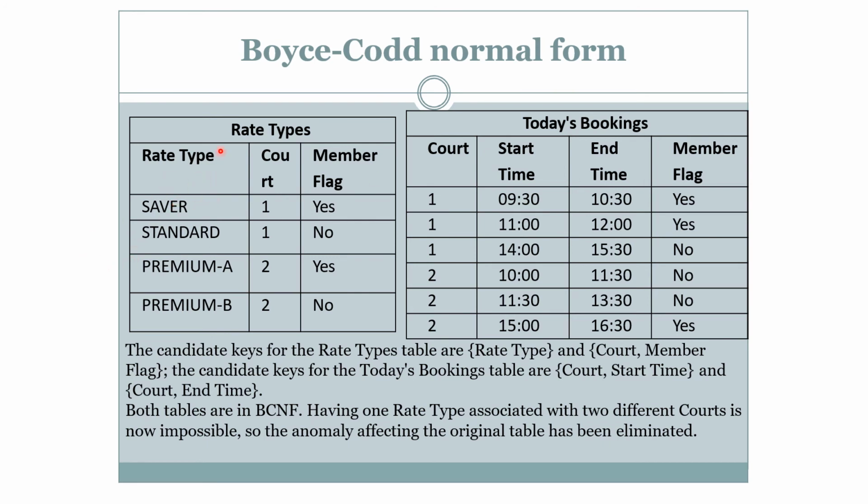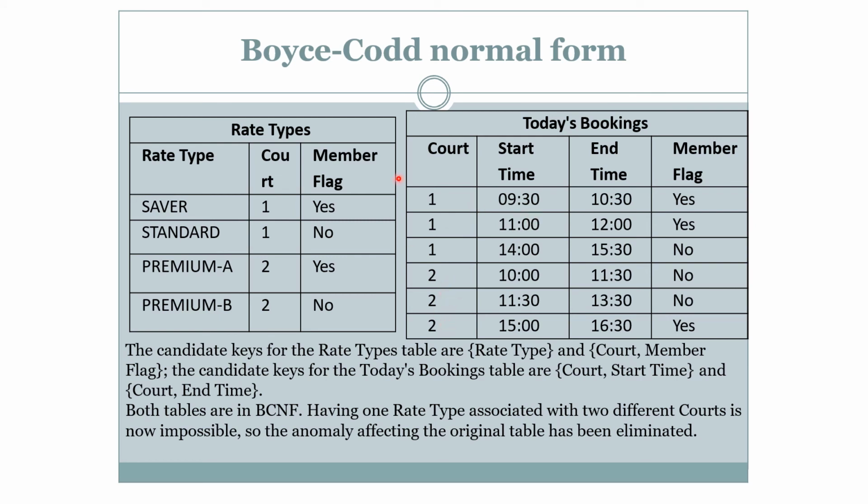This is rate type, this is court, this is member flag. Here, these are four kinds of rate type, then court 1 and 2, then member flag, whatever the value is, if they are members, and if they are not members, then court 1 is assigned to whom, court 2 is assigned to whom.